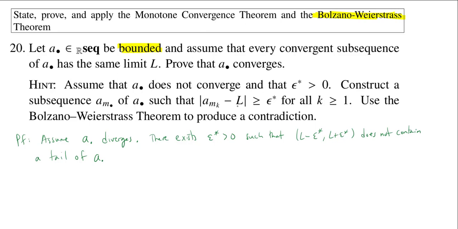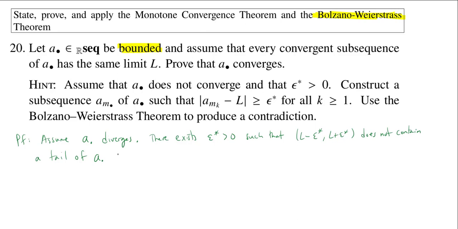And the fact that I don't have a tail contained in this L coin is exactly telling me that, no matter how far I go out, I'm always going to be able to find terms of A that are outside of this L coin. Okay, so here's what we'll do.